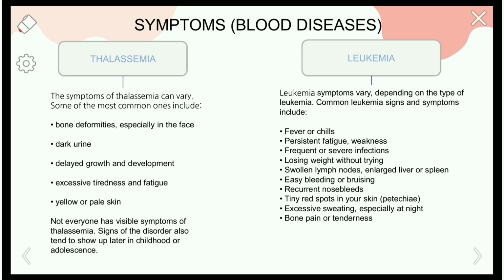For leukemia, the common signs and symptoms may include fever or chills, persistent fatigue, weakness, frequent or severe infections, losing weight easily without trying, swollen lymph nodes or enlarged liver or spleen, easy bleeding or bruising, recurrent nosebleeds, tiny red spots in your skin, excessive sweating, especially during night, and bone pain or tenderness.